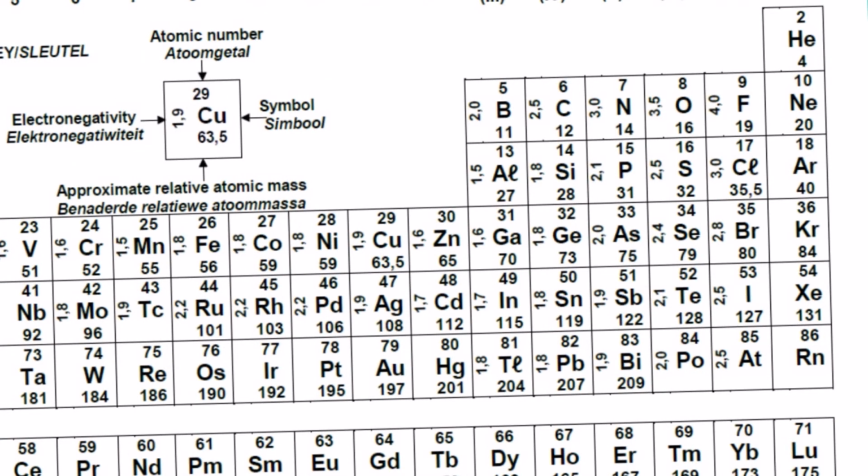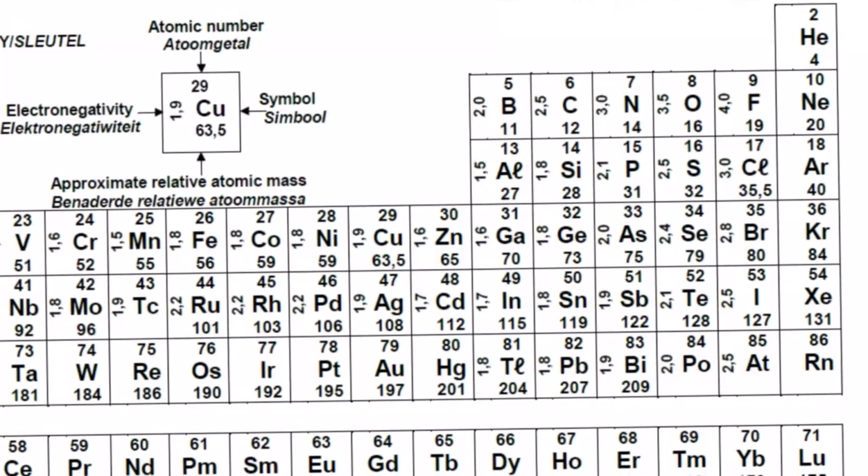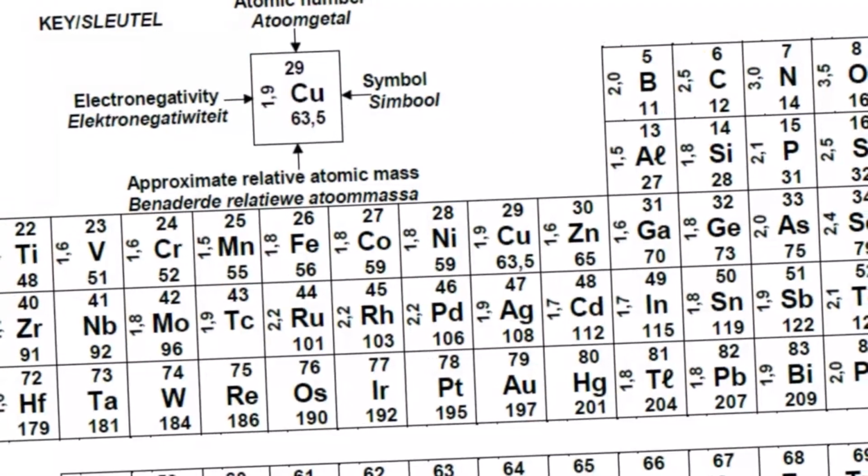Now you can see that for each symbol of elements on the periodic table, we have what we call the atomic number. The atomic number is just the number above each symbol of elements on the periodic table. And then on the left hand side we have what we call the electronegativity.